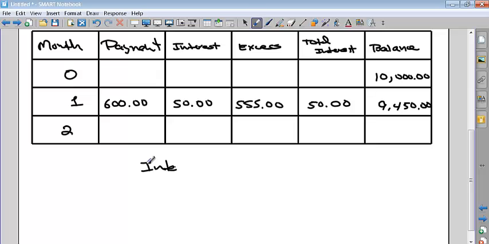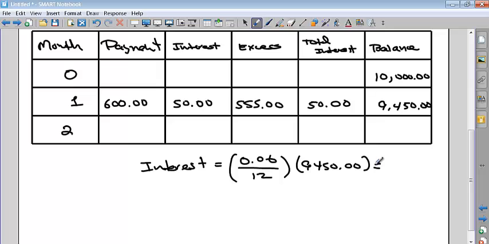The interest this month is less because my balance is less. So again, you take the monthly interest rate, decimal form, divided by 12. That'll give you the monthly interest rate. You multiply it by $9,450. And I get $47.25. The payment stays the same.